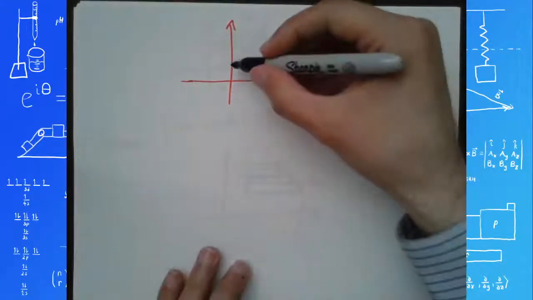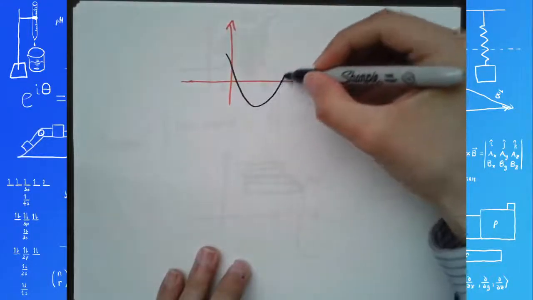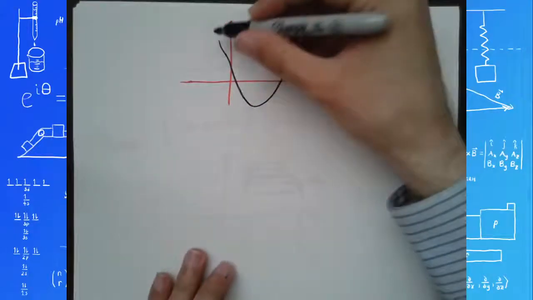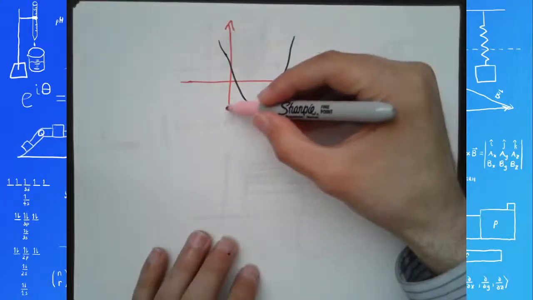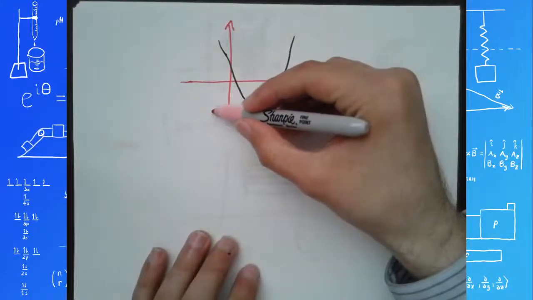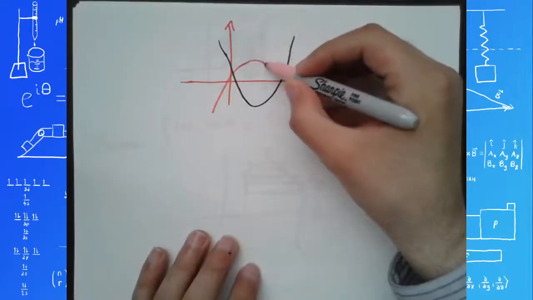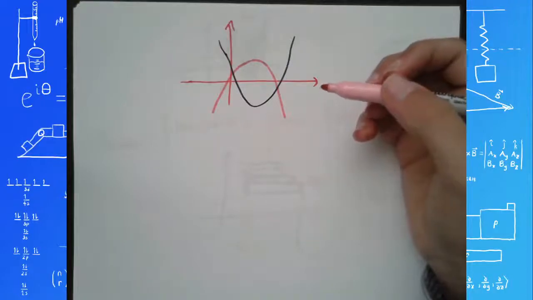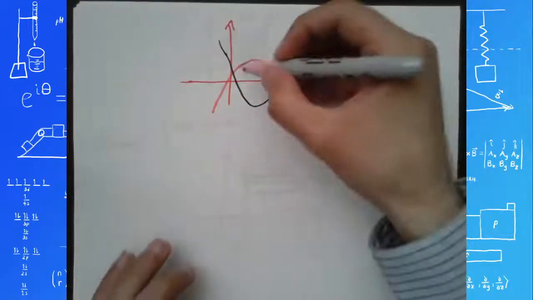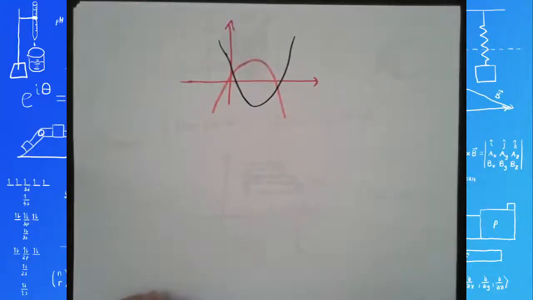So here's one function, and maybe they give you its equation, and then here's another function and they give you its equation. And they tell you, what's the area between these two curves? What they mean is what's the area that gets caught in between them.